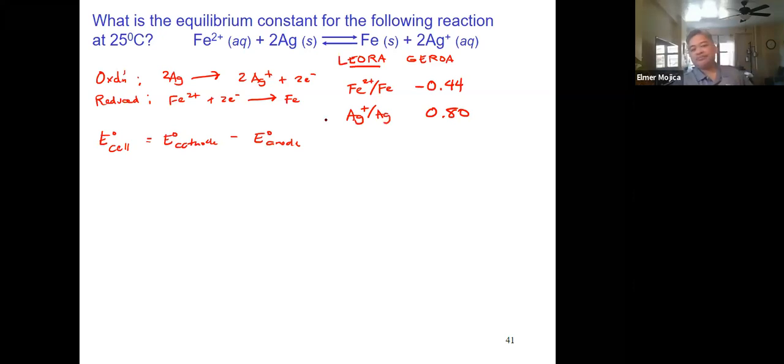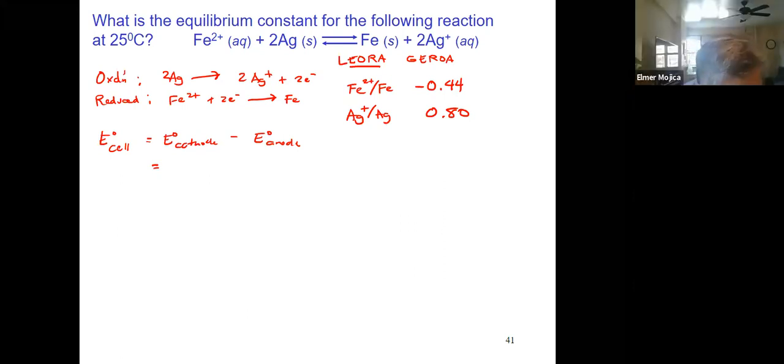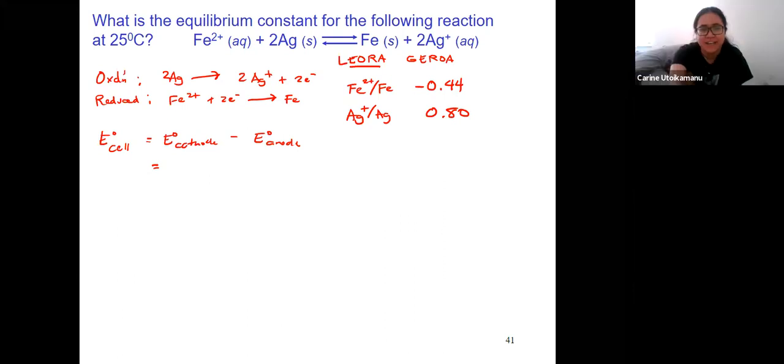Now, which one is the anode and which one is the cathode? Anyone? Fe is the cathode. Iron is the cathode, right?